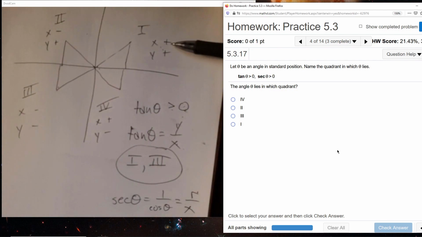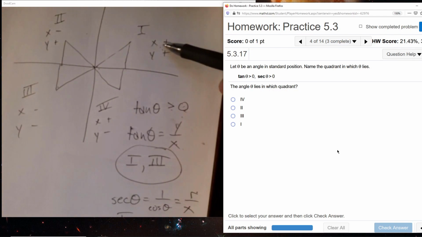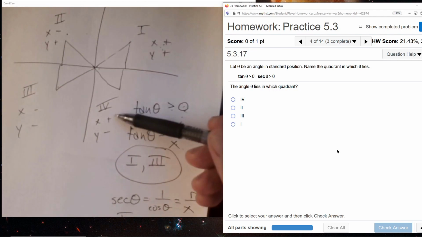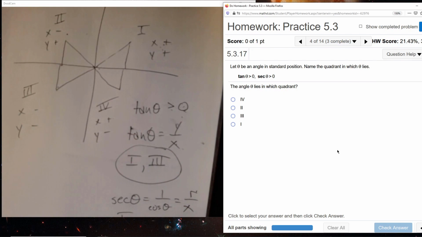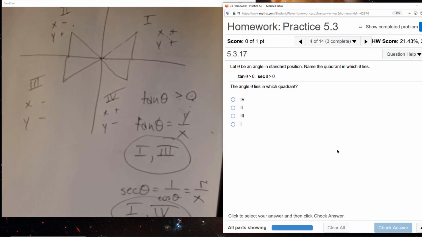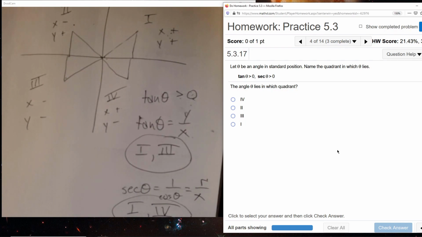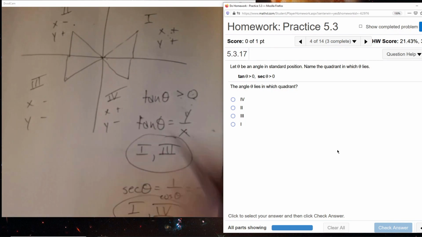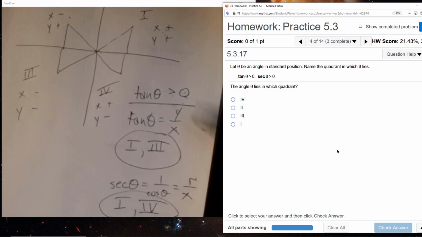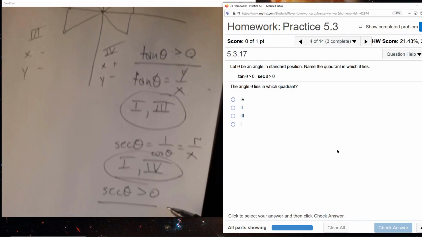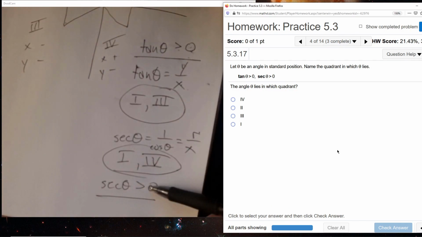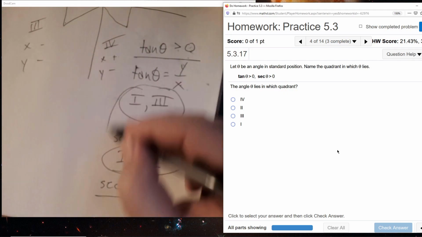So we can see x is positive in quadrant 1, and x is positive in quadrant 4. Now, when are both of these statements true? Well, both of these statements are true when you're in quadrant 1.